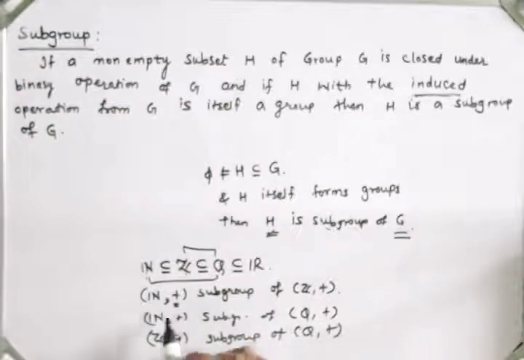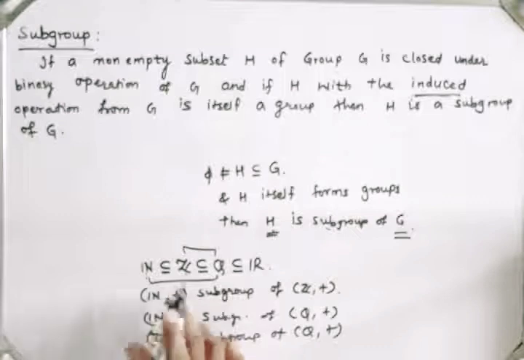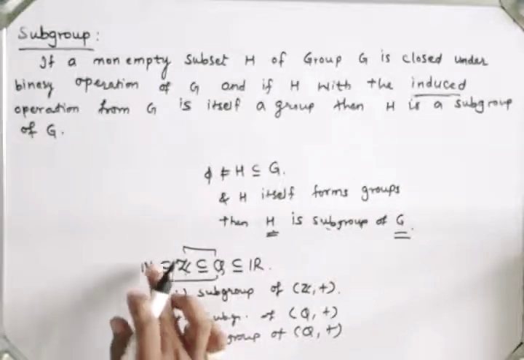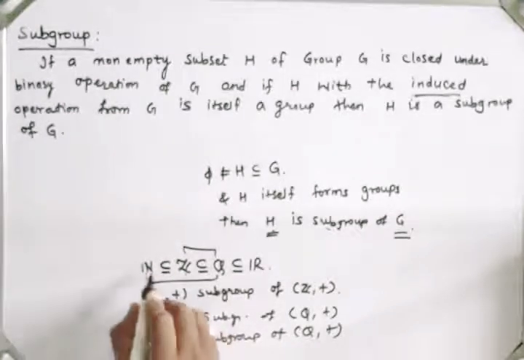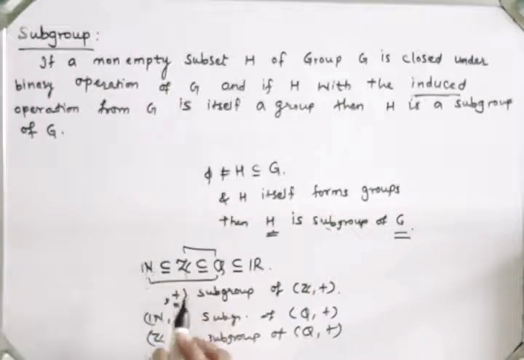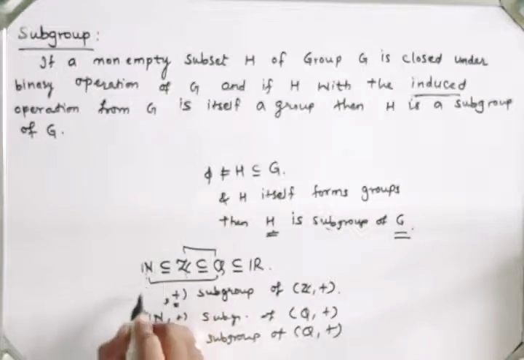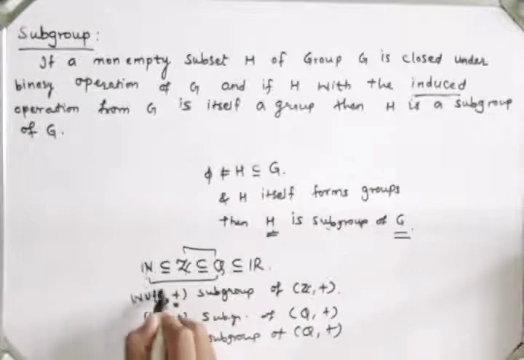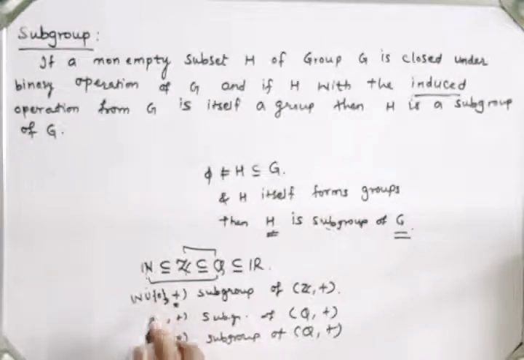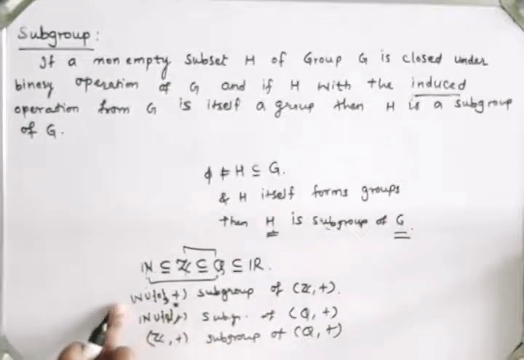Here, natural numbers should include 0, because the natural numbers alone are not a group: there does not exist an identity element.